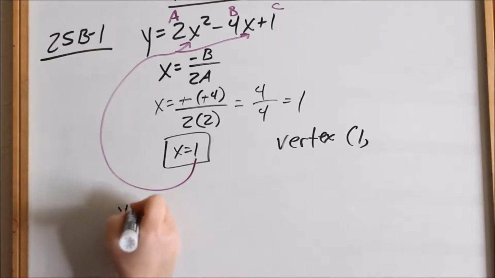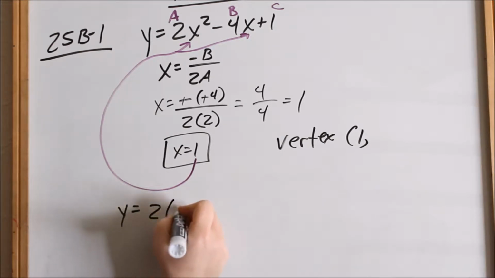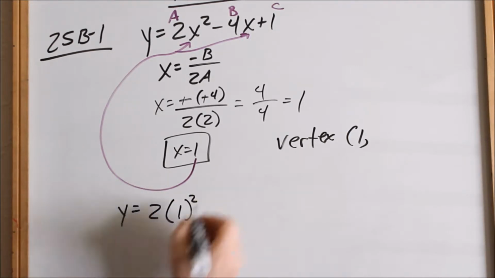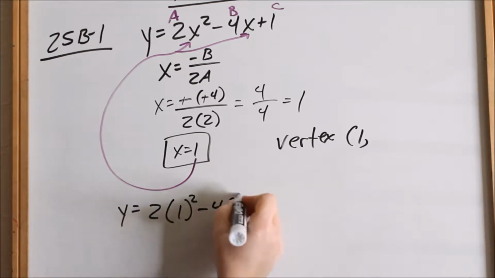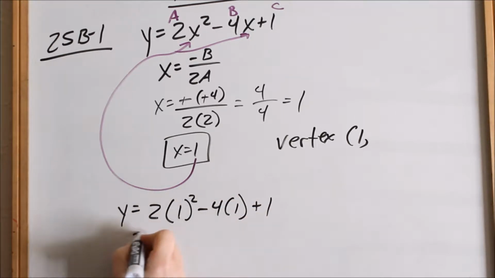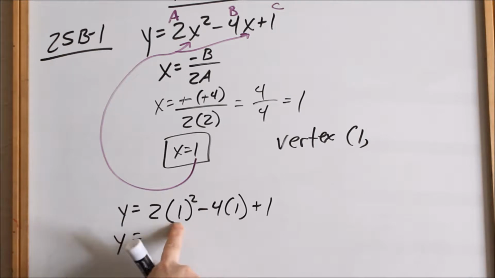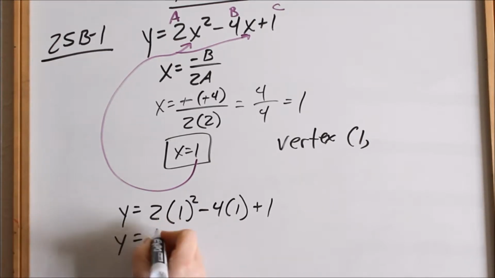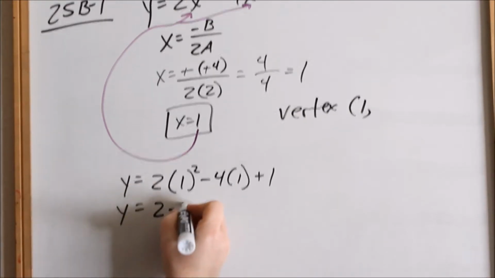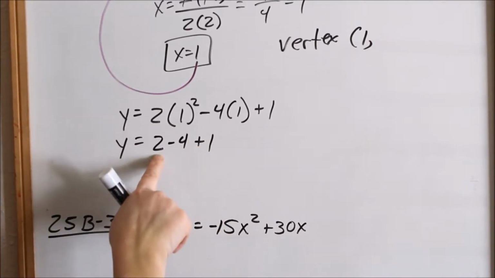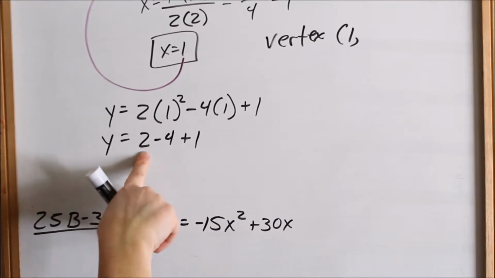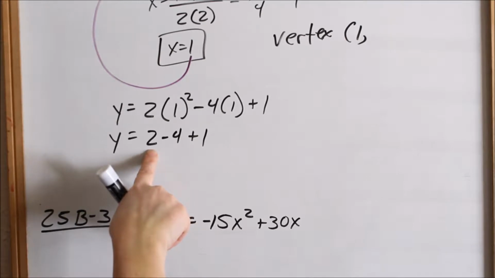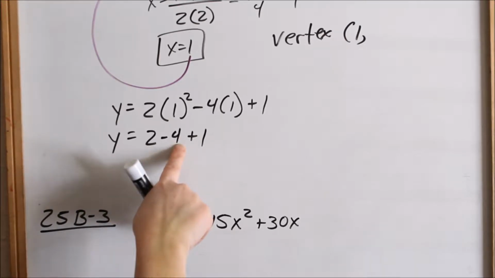So y equals 2, everywhere I see an x, I'm putting in a 1, minus 4 times 1 plus 1. So y equals 1 squared is 1, 1 times 2 is 2, minus 4 plus 1. Do these left to right. When you only have addition and subtraction left, you do it from left to right. 2 minus 4 is negative 2.